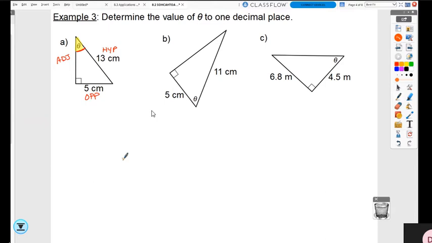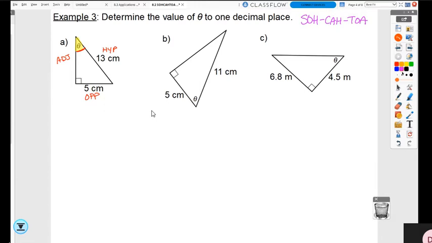So when we're thinking of SOHCAHTOA, and maybe I'm going to write that up here, only one of these three primary trigonometric ratios is going to work to solve this problem. So this is where we got to think about what we have and what we don't have.